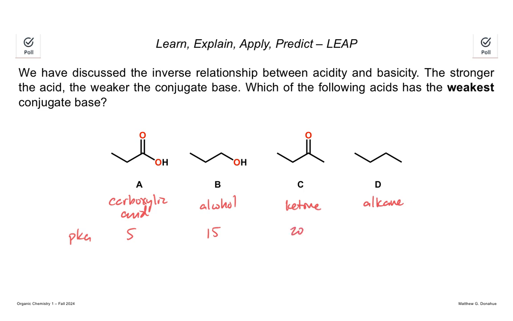Ketone about 20. And then alkane 50. So if you run the acid-base reaction, you deprotonate the functional group, you get the conjugate base. The weakest conjugate base is going to be this one, A, because that's the strongest acid.